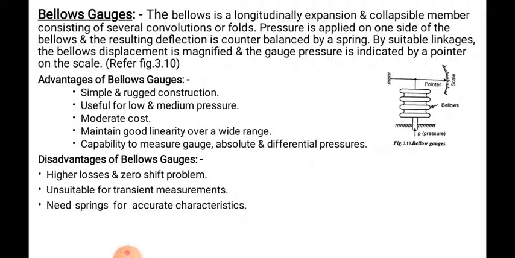Advantages of the bellows gauge: simple and rugged construction, useful for low and medium pressure, moderate cost, maintains good linearity over a wide range, and capability to measure gauge, absolute and differential pressure. So good linearity is maintained by the bellows.